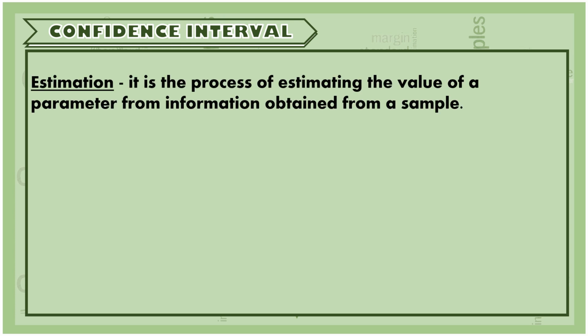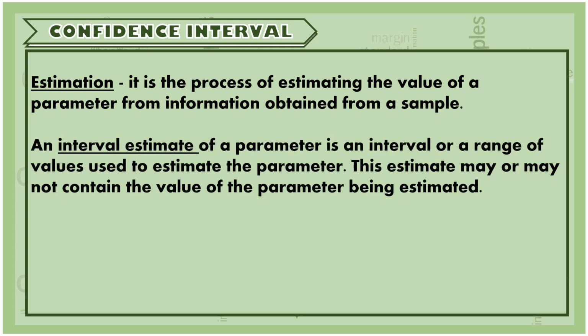Estimation is the process of estimating the value of a parameter from information obtained from a sample. Meaning, without a sample, we cannot estimate the actual value of parameter. An interval estimate of a parameter is an interval or a range of values used to estimate the parameter.